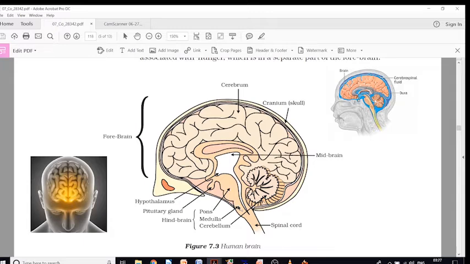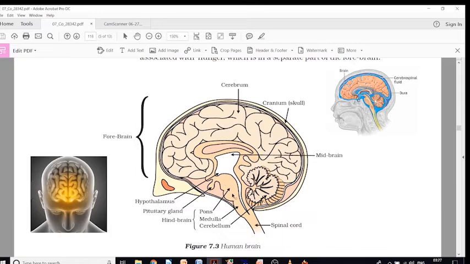Whenever you see something very tasty, automatically your mouth waters, that is, saliva is released inside your mouth. So who controls that release of saliva? The medulla oblongata. So the hindbrain has three parts: the cerebellum, the pons, and the medulla oblongata.